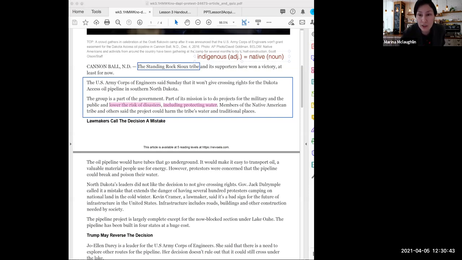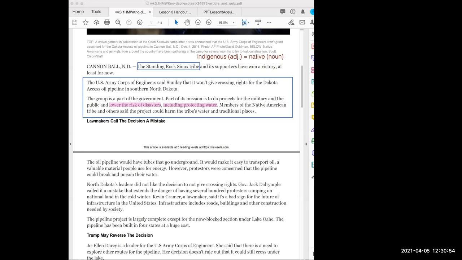So anyway, the name of this tribe is the Standing Rock Sioux tribe. Any questions on number 1 or number 2? No, not so far. The word standing is a noun or?